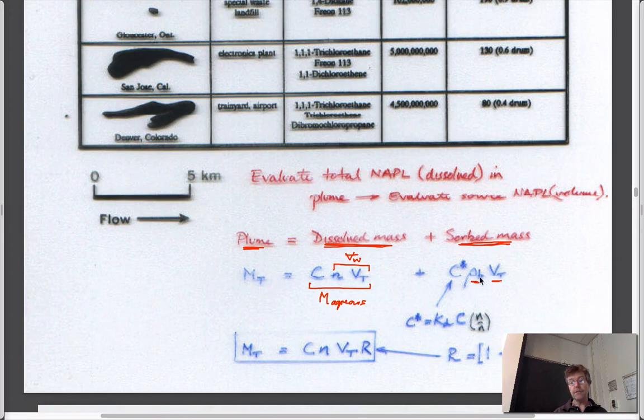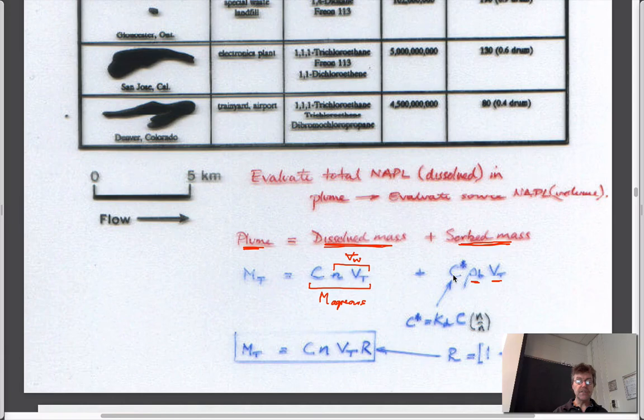This is cubic meters, so this is kilograms. And this is the mass that's sorbed per unit mass of the aquifer, by definition, right? So this is C star, the amount sorbed. And so the mass of the aquifer times the mass sorbed per unit mass of the aquifer is this.